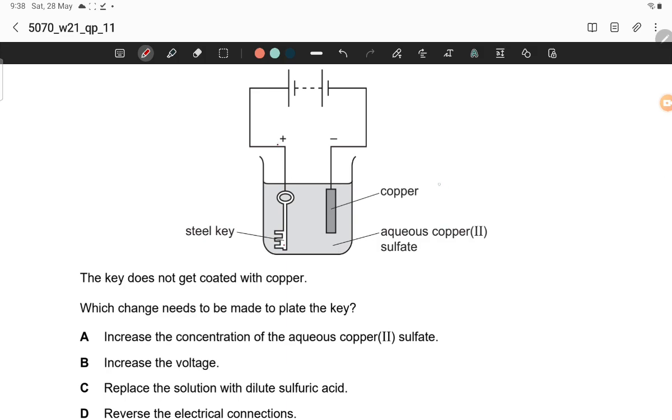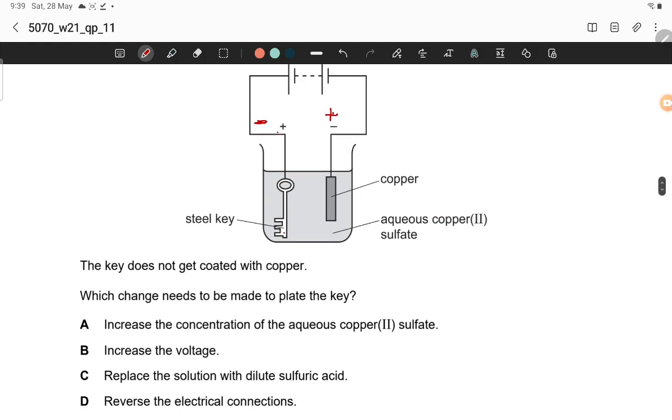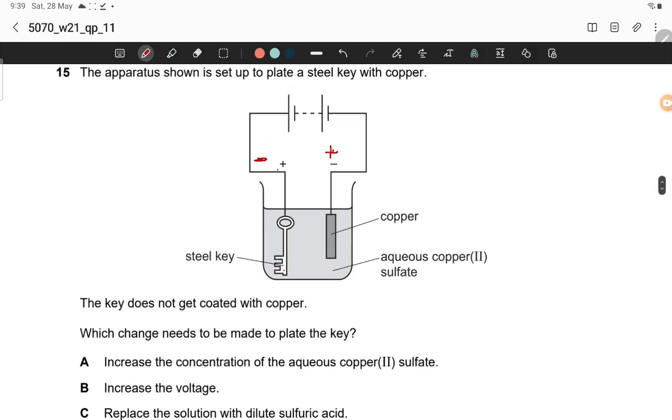Key, steel key, copper. So this must be negative and this must be positive. So reverse the electrical connections. This should be anode and this should be cathode.